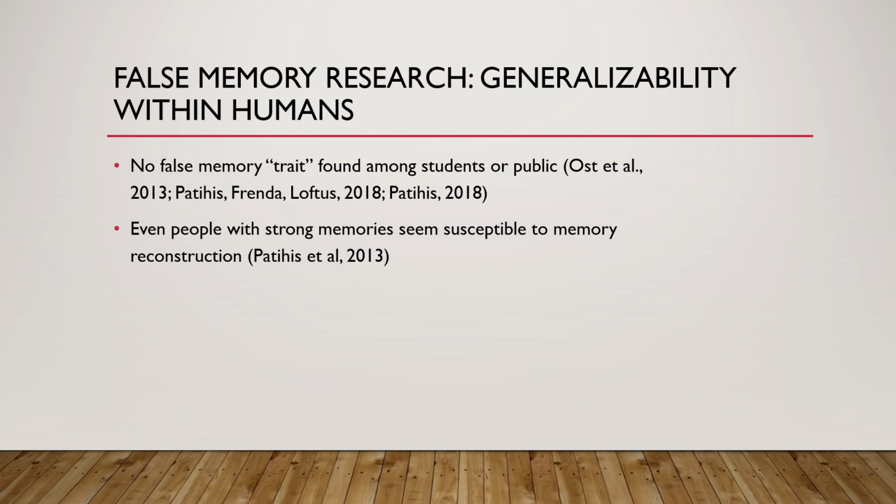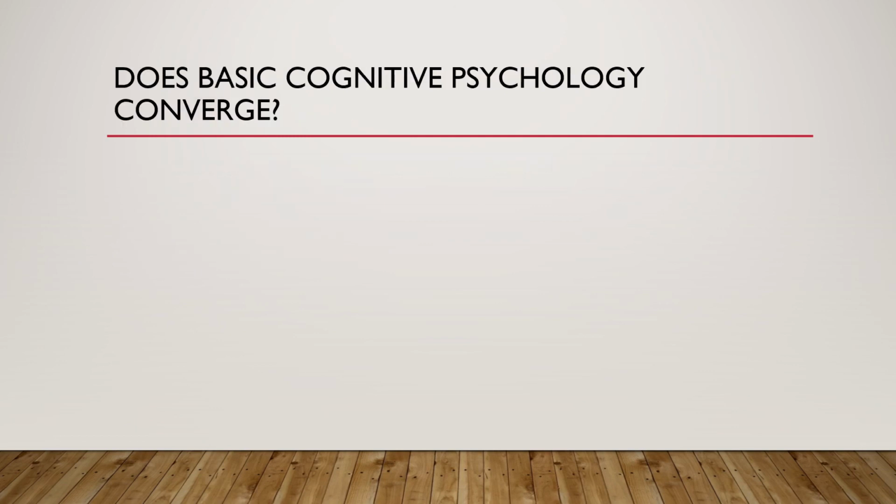Now, of course, it's possible that those with mental illness may be even more susceptible to false memories, but I think it's fairly safe to conclude that nobody is immune to memory distortions. Now, there is some convergence from other areas of basic cognitive psychology that converge on the same types of messages, that cognition is constructed, the same kind of findings that you get from false memory research.